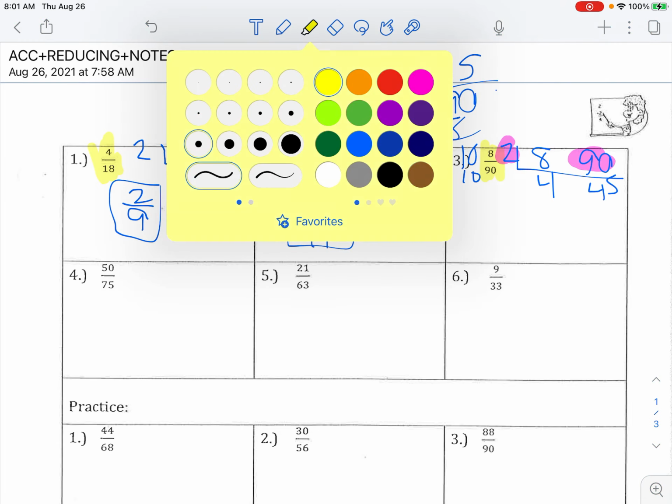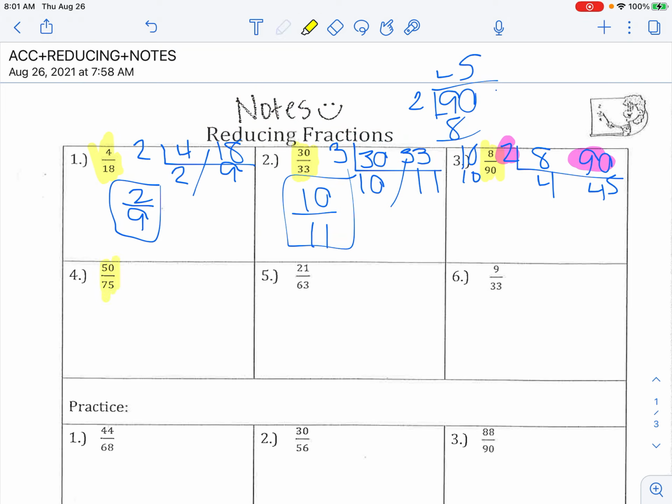All right, let's look at number 4. So we've got 50/75. As soon as I see those numbers, what I'm thinking is divisibility rules. We learned that numbers ending in 0 and 5 are divisible by 5. So I know that 5 times 10 is 50, so 50 divided by 5 would be 10.